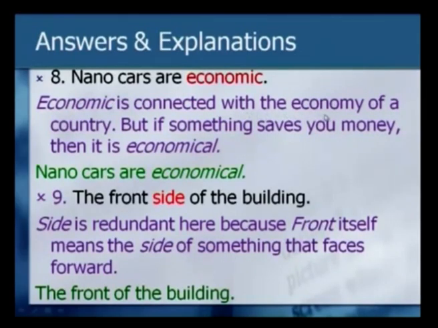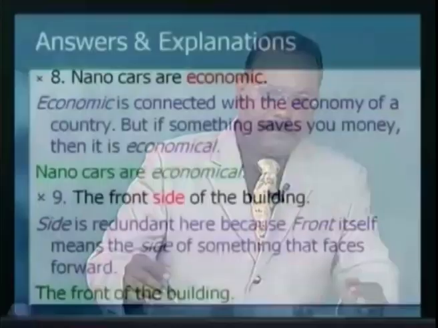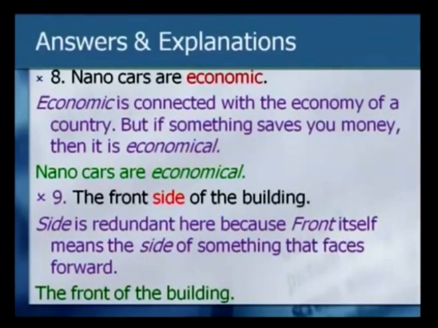Economic is connected with the economy of a country, whereas if something saves you money, if something is giving you financial benefit, discounts, then it is economical. An economical device would actually save you a lot of energy and thereby save a lot of money and so on.